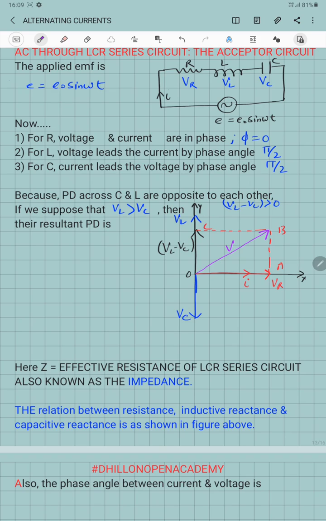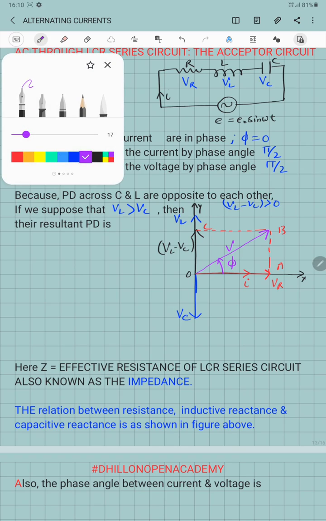You can see that the resultant voltage is inclined at a certain angle with respect to the current axis, that is the x-axis. If we denote this angle as phi, from the figure we clearly see that voltage is leading the current by a phase angle of phi. Now we want to find first the value of this resultant voltage.